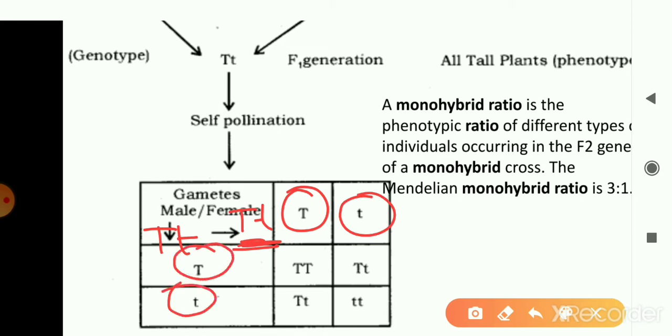When fusion occurs, 75% of the plants grew into tall and 25% grew into short plants.